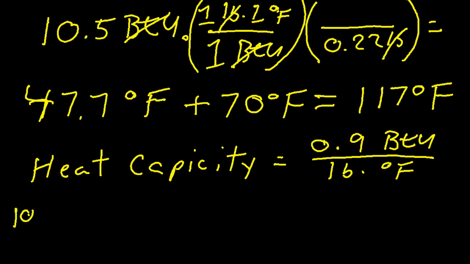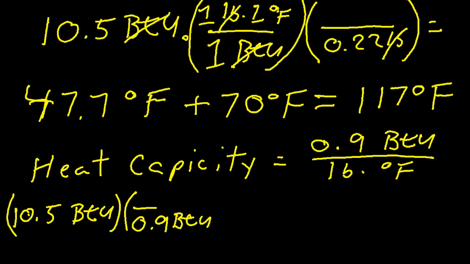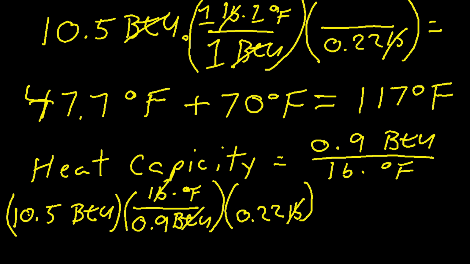What we'd have is 10.5 BTUs times our heat capacity, and again it's going to go on the bottom, is 0.9 BTU per pound degrees Fahrenheit, and then we had 0.22 pound, and we'll cancel our units, and again we come up with degrees Fahrenheit, and when we type that out, 10.5 divided by 0.9 divided by 0.22, and we get 53 degrees Fahrenheit for an increase.